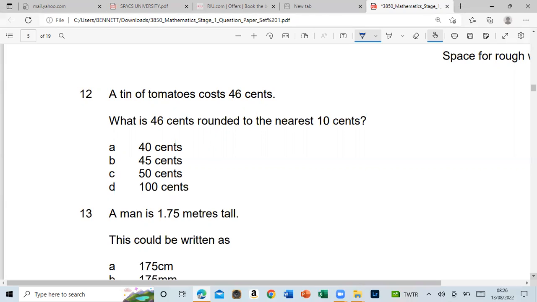Sir, because the 4 is in the 10th place, so you round the 6 up, which gives you 50 cents. Everyone agree? What about the others? You agree?